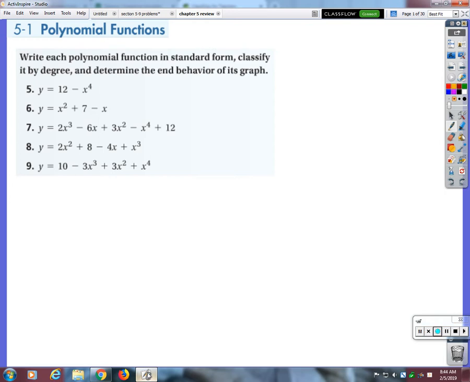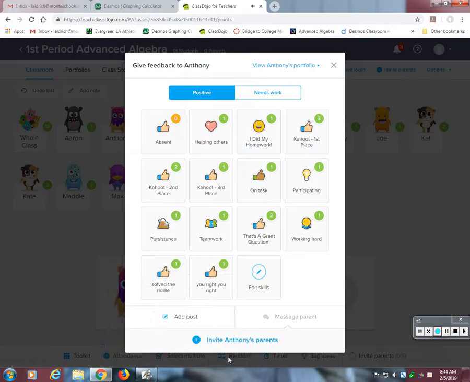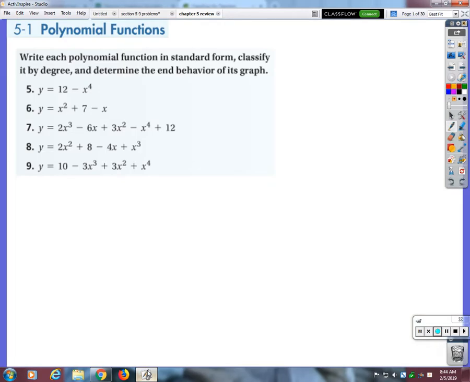So for the first one, I need to start by putting that in standard form. So Anthony, can you rearrange that into standard form? Highest exponent first. You need to put it so that the term with the highest exponent is first, and then the next one, and then the next one.